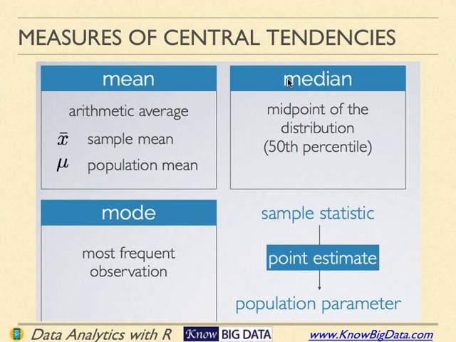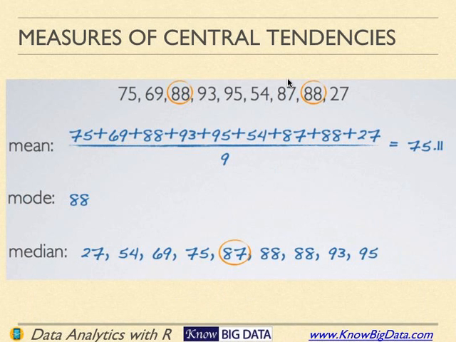Second could be the median. Third could be the most frequent value out of all the numbers. These are the three ways of measuring the central value.